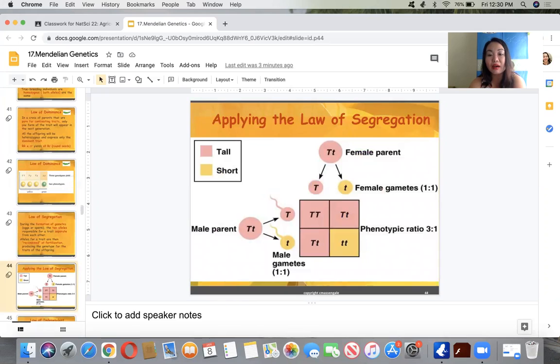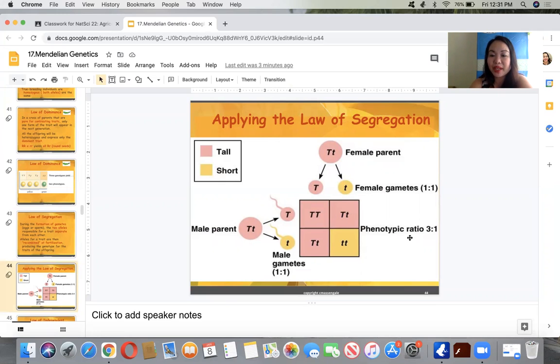So applying the law of segregation, the female parent with a combination of tall and short alleles, with a 1:1 ratio of female gametes, is crossed with male gametes with the mix or combination of tall and short.